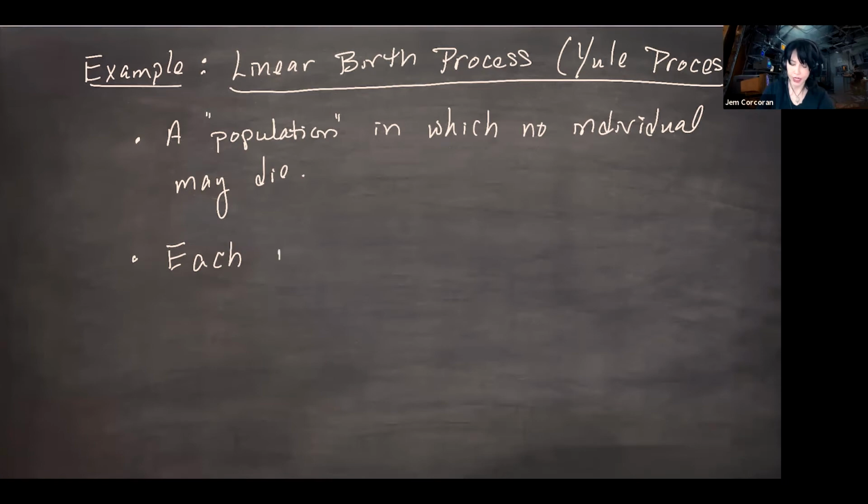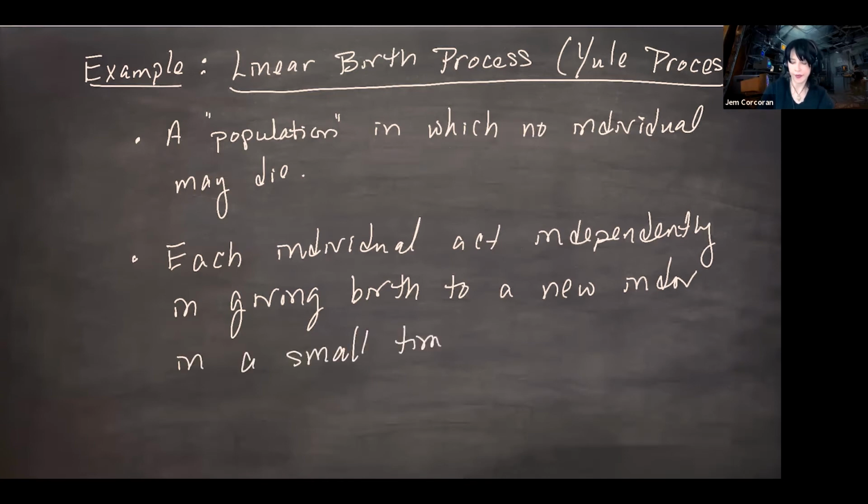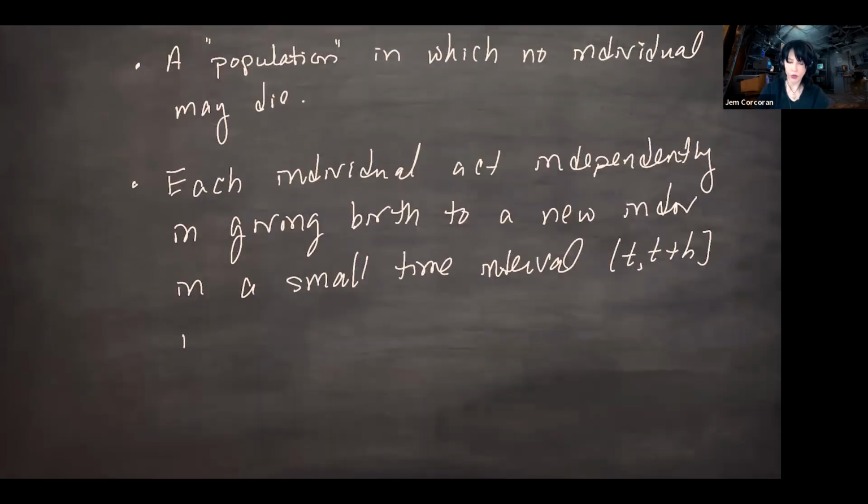So each individual acts independently in giving birth to a new individual in a small time interval, from t to t plus h, and they do so with probability lambda h, and yes, I mean lambda, not lambda I, plus little o of h.